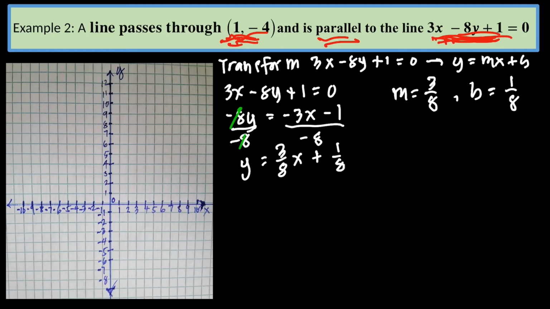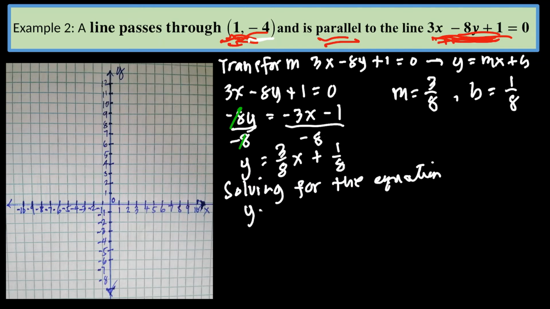Now let's solve for the equation of the line that passes through (1, -4). This time we're going to solve it using the point-slope form. So solving for the equation of the line, we use y minus y sub 1 equals m times x minus x sub 1.